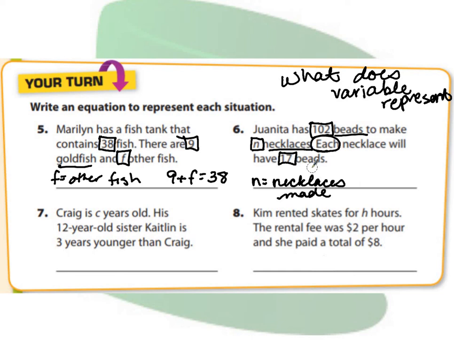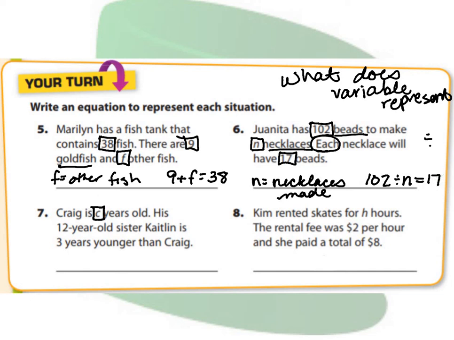So that tells us that you're taking the beads and putting them onto different necklaces, which when we talk about splitting things into groups, that means division. So we're taking those 102 beads, dividing them by the N number of necklaces, and we should get 17 beads per necklace.